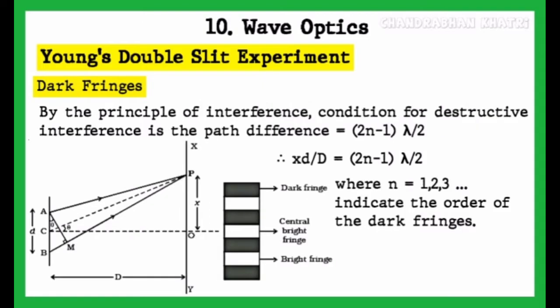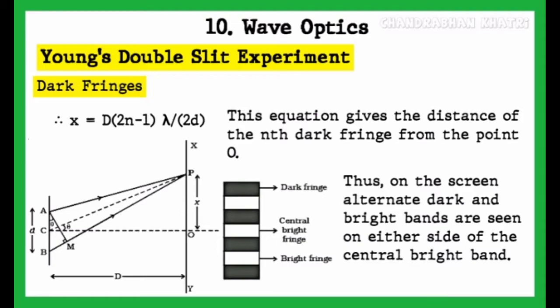Dark fringes. By the principle of interference, the condition for destructive interference is that the path difference is equal to (2n minus 1) times lambda by 2. We know that path difference is given by x small d upon capital D. That is equal to (2n minus 1) lambda by 2, where n is equal to 1, 2, 3 and so on, indicating the order of the dark fringes.